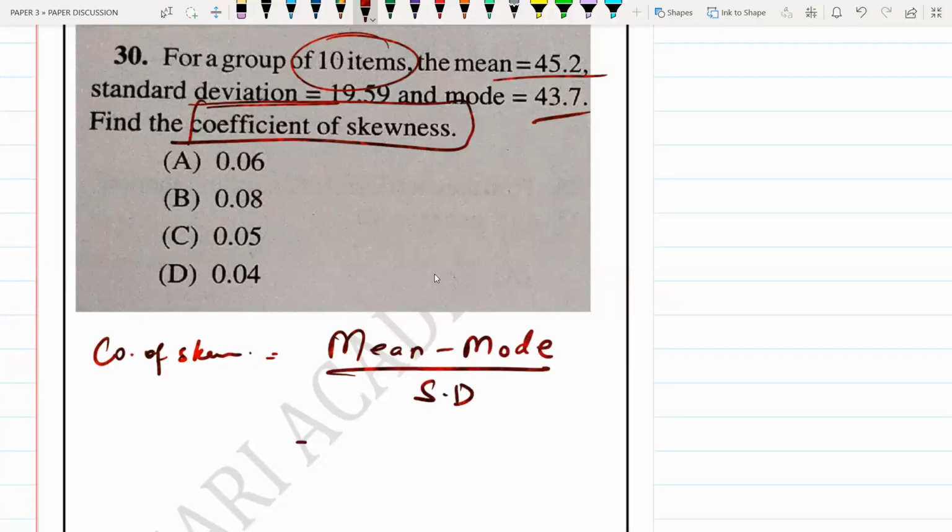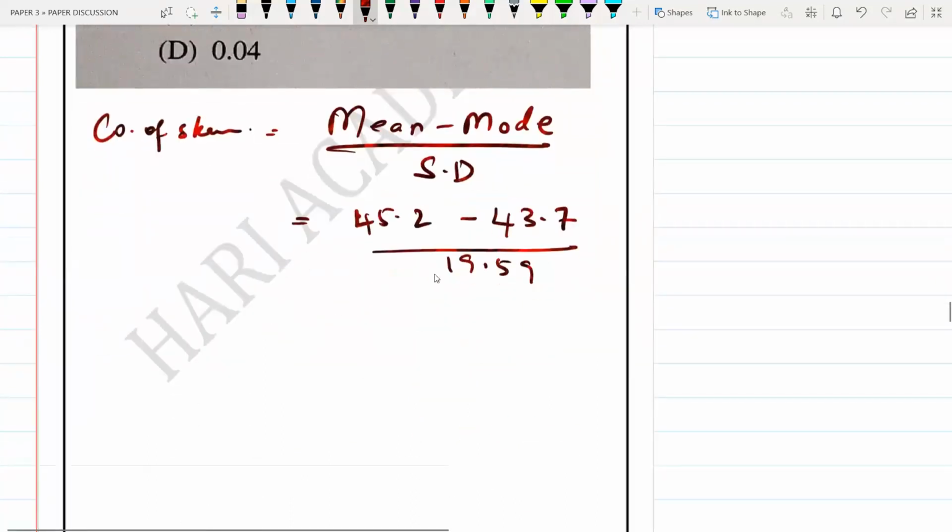This is the direct formula you have. What is the mean value? 45.2. Mode value is 43.7, divided by 19.59. You can do it in a calculator. 45.2 minus 43.7 will become 1.5 divided by 19.59.